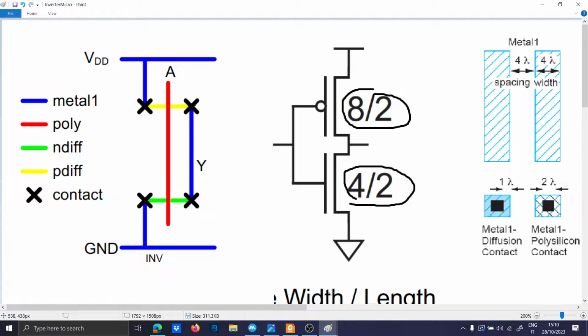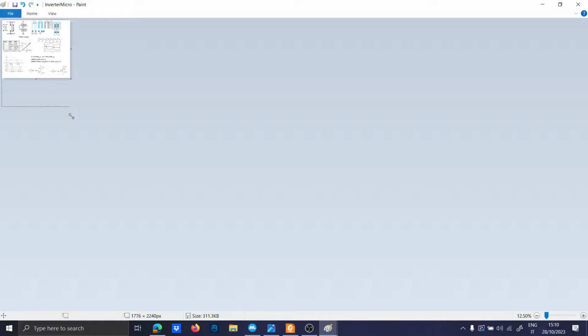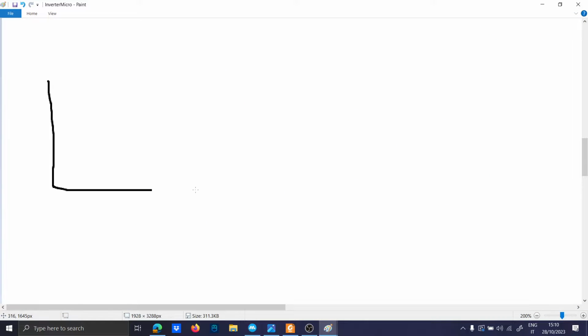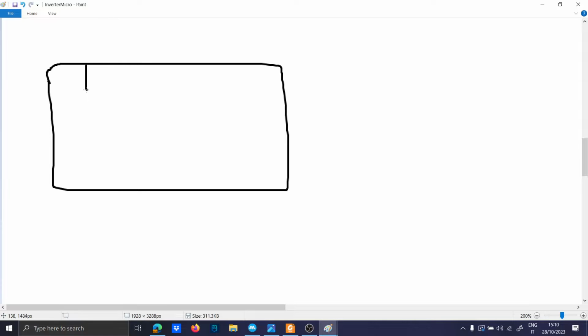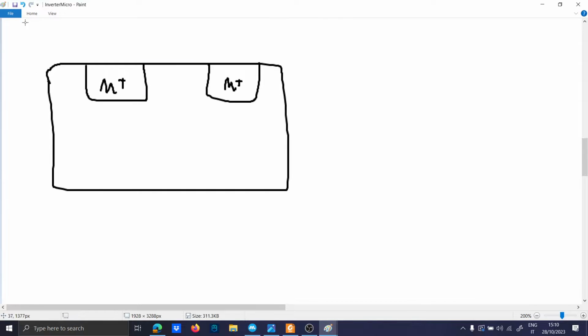If you don't remember who these are, let me remind you briefly that this is the section of the MOSFET. You have the N+, let me use another color. This is, by the way, the saturation region. You have basically a channel like this.